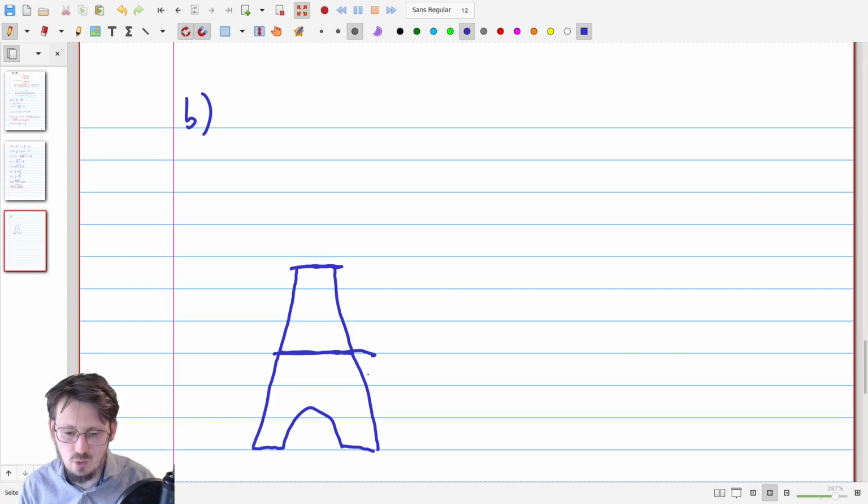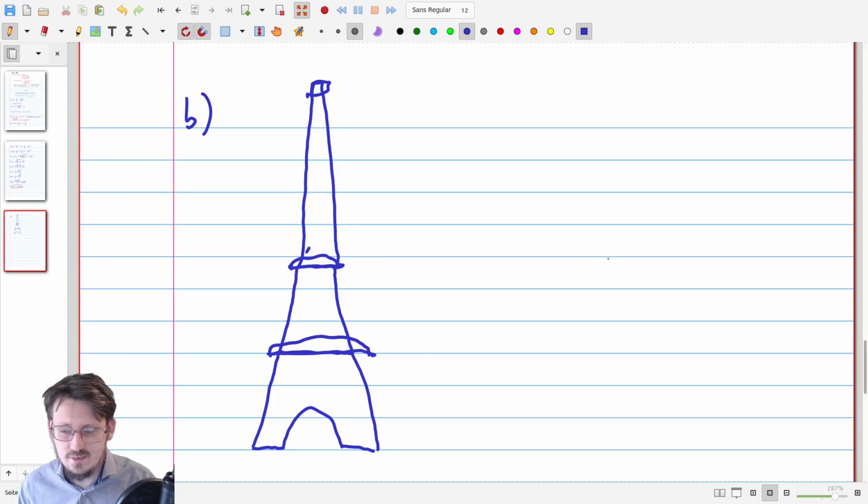So we have one lower platform here, one middle platform here, and then we can also increase this to the highest platform, which is somewhere here. So now what we have is the full length of our Eiffel Tower, which is here.